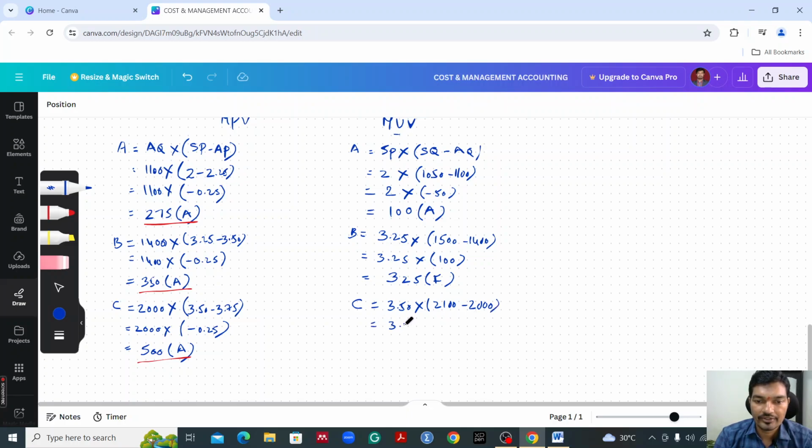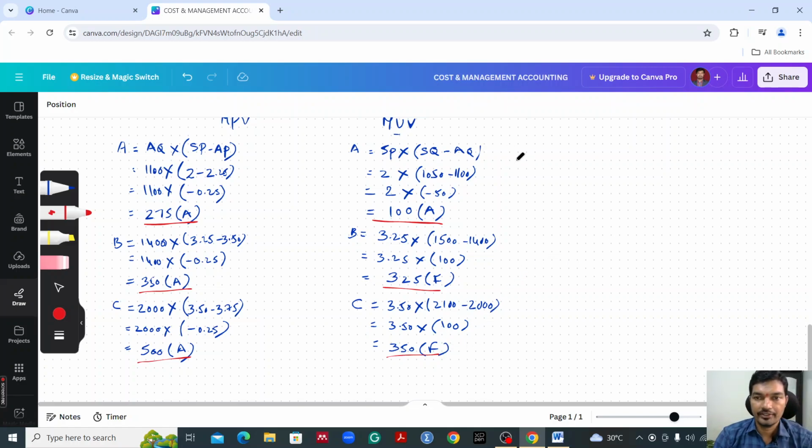So 3.50 is multiplied with, we got the positive value here, and the answer is 350 in favorable. So these are the MUVs: for product A, 100 in adverse, 325 in favor, and 350 in favor.